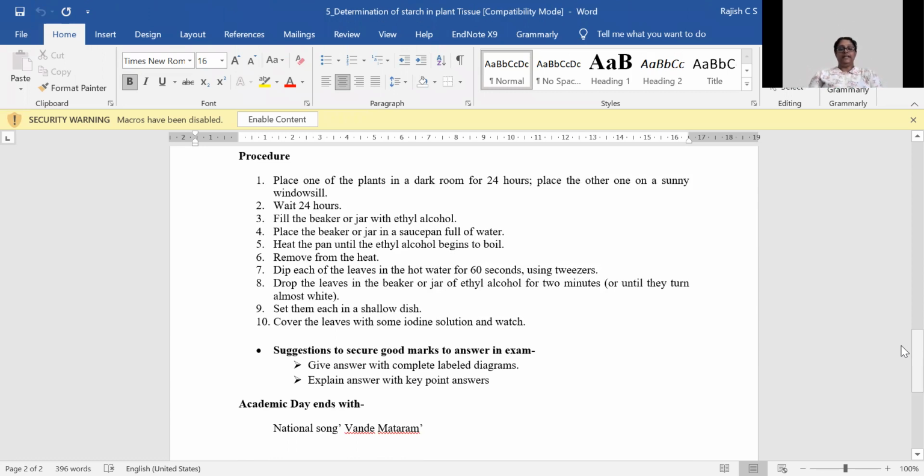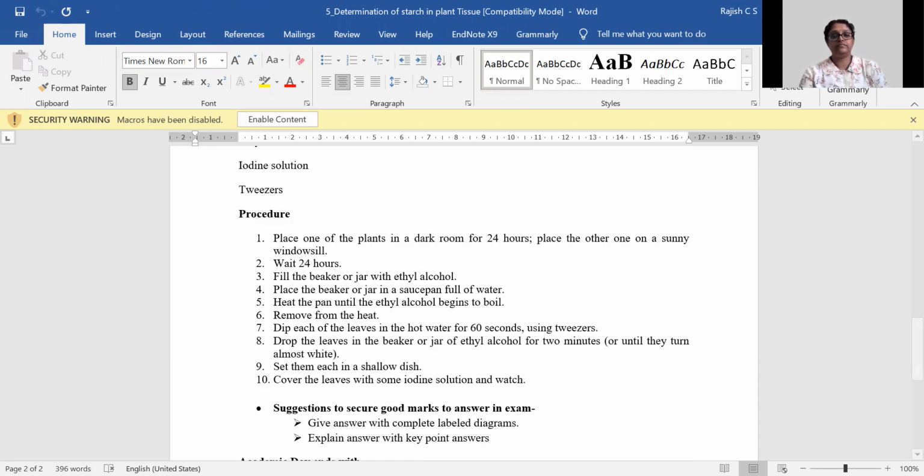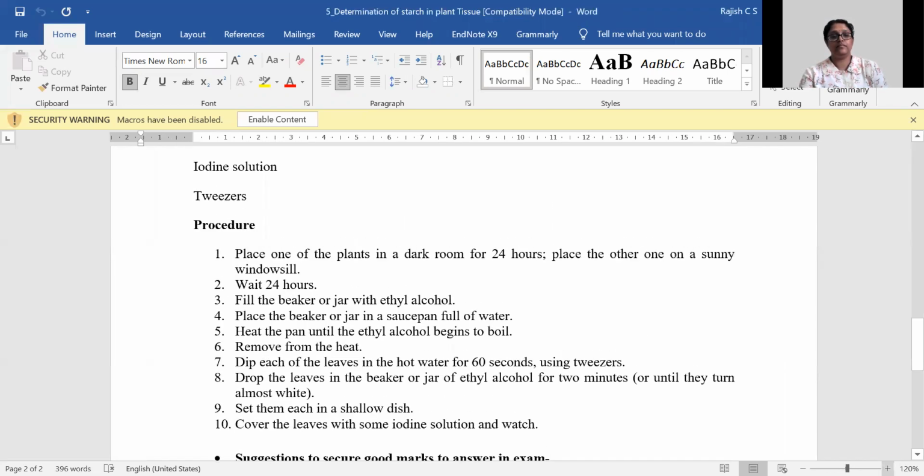So take the two plants, and with that you will be placing one plant in a dark room for 24 hours, totally without light, no windows, and the other one in a very sunny place, like a windowsill where it will get ample sunlight.